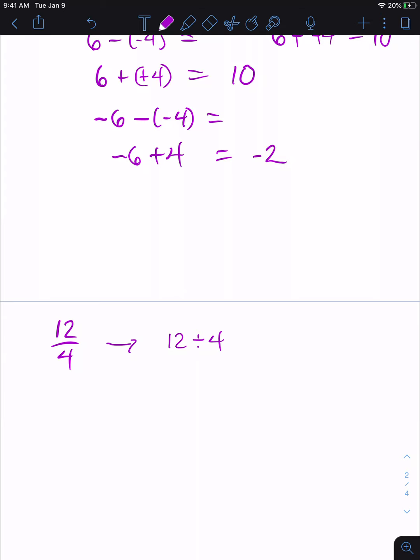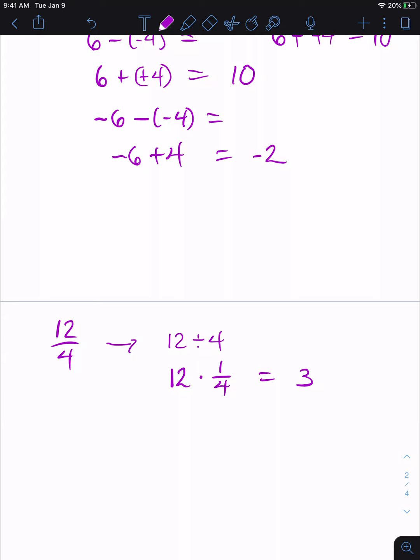I say division is multiplication of the reciprocal. Let's turn this division into multiplication then. The reciprocal of 4 is 1 over 4. Now we're saying 12 times 1/4. That's 3. So that's one way of thinking about it.